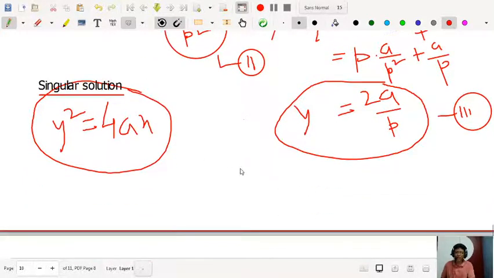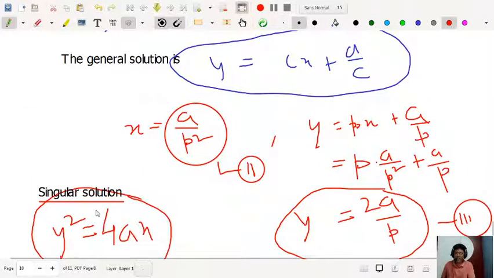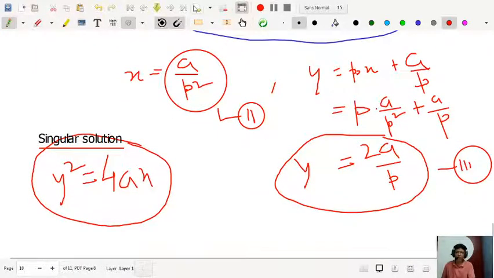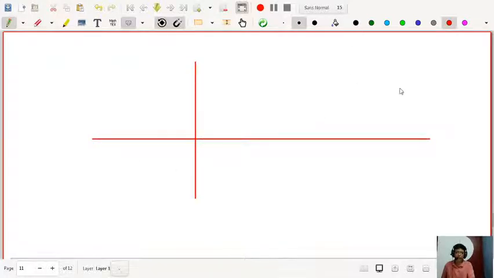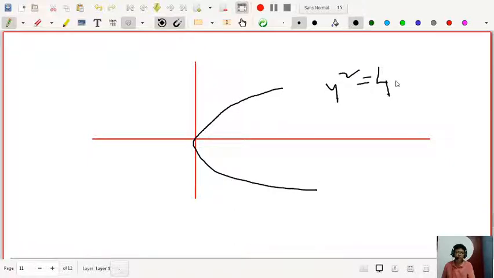So let me explain. This is the envelope of the family of lines. Let me draw that. This is the curve, the parabola. Let me draw the parabola here. This is y square is equal to 4x, right?